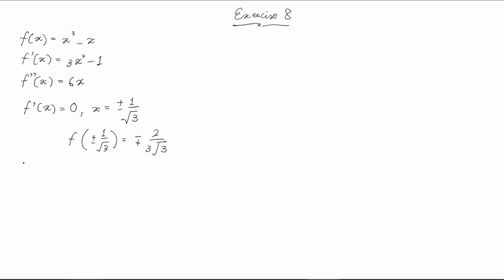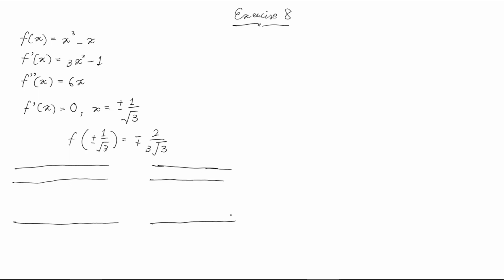Okay, so I'm going to use the table of shape of tangent to determine whether it's minimum or maximum. I definitely like this table of shape of tangent more than the second derivative test for your relative extremum, simply because it doesn't depend on the correctness of this second derivative.